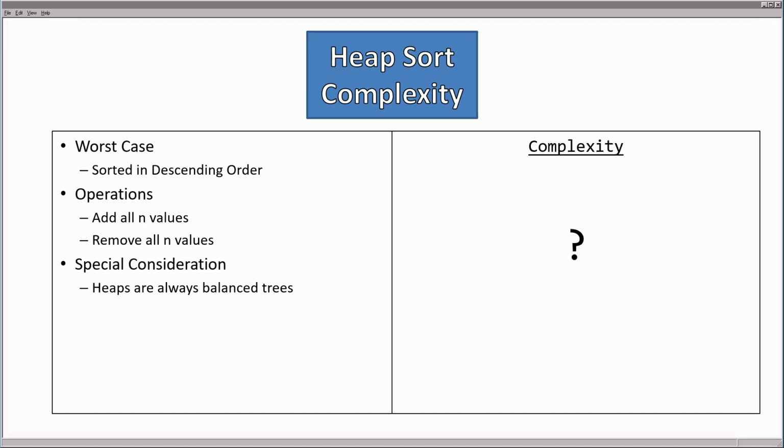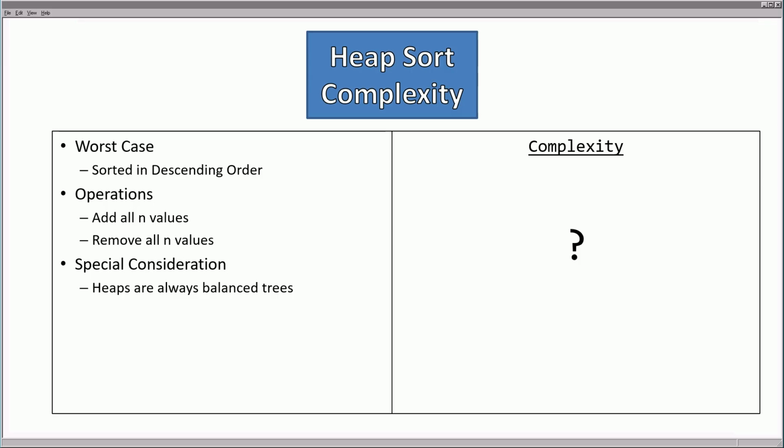However, we now have to consider what is the complexity of this sorting algorithm. Well, once again, we can assume that the worst case was everything was sorted in descending order. The operations of heap sort is we have to add all n values to the heap, followed by removing all n values from the heap. Now, the way that a heap is set up, a heap is always going to be a balanced tree.